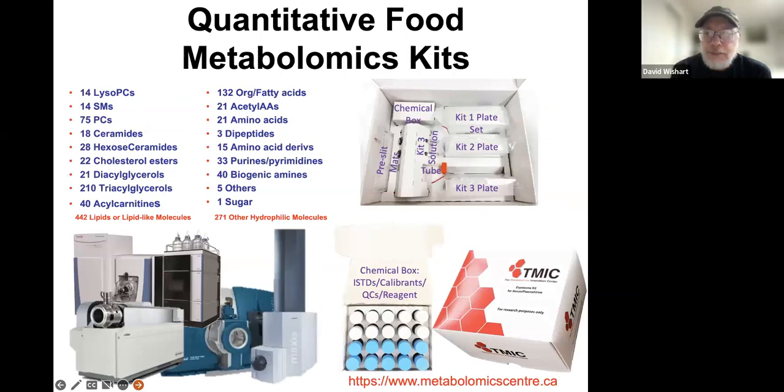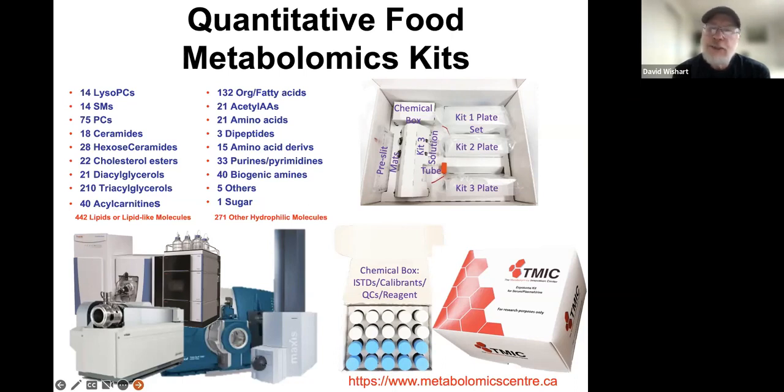My own lab has been developing kits or systems for doing targeted food analysis. These look at a variety of lipids and lipid-like molecules that you'll find in samples. They also look at organic acids, amino acids, various dipeptides, amino acid derivatives, nucleic acids, biogenic amines, and other types of compounds. Those are broken down into hydrophobic and hydrophilic molecules.